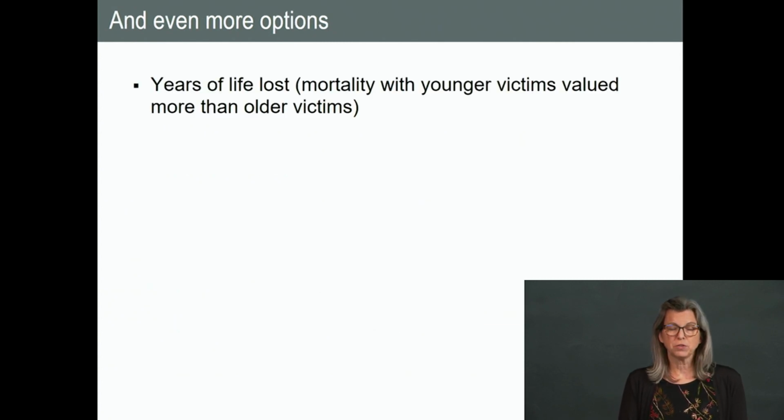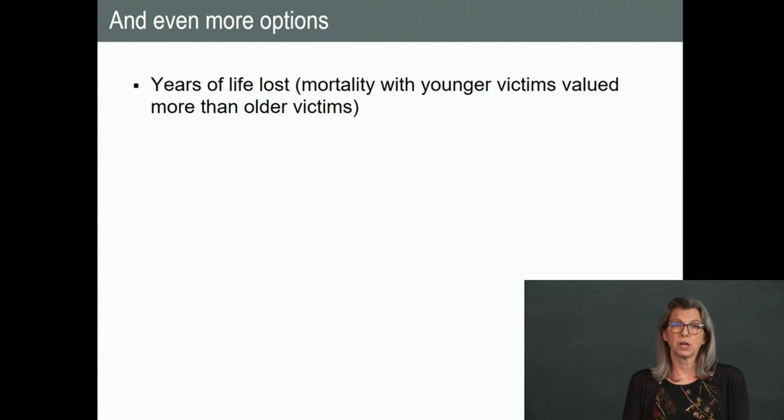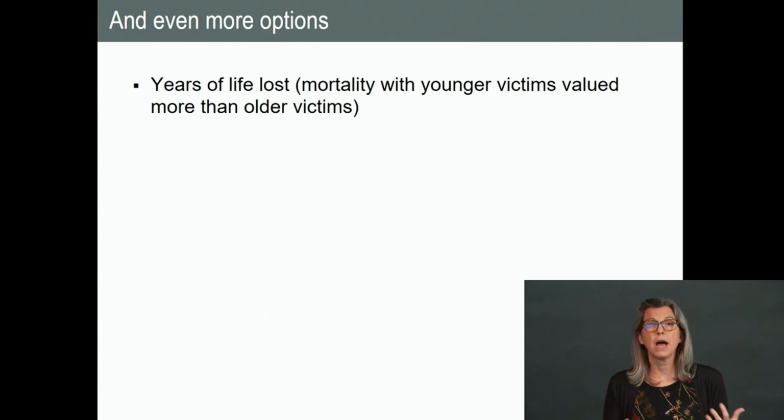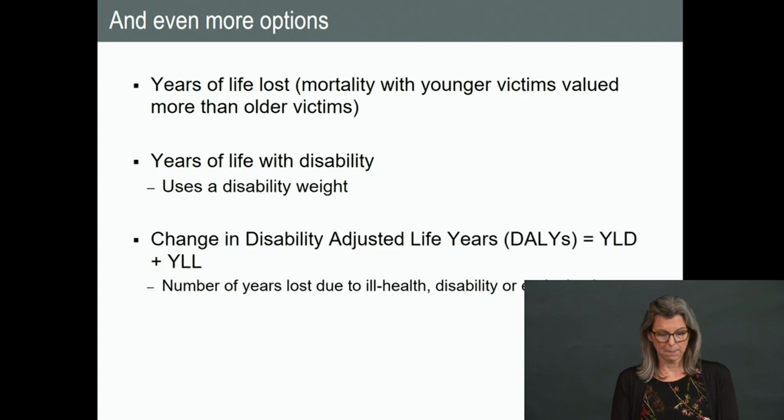So there's measures such as the years of life lost. So this is basically looking at mortality, but with a higher weight for younger children than for older people who die. You could also have years of life with a disability. So if it is a severe health impact that lasts for a long period of time or over your whole life, there would be an estimate associated with that in terms of how many years of life did you lose because of this disability.